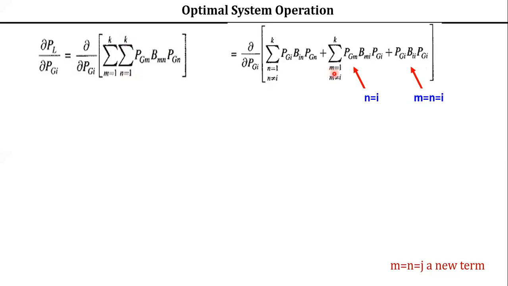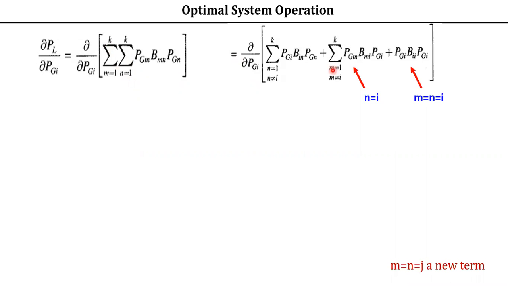Be careful, this n is the inner summation. So first you have to vary the inner summation, then the outer summation values you have to vary from 1 to k. So when the inner summation value n is equal to I, understood? Still the outer summation will be there as it is.